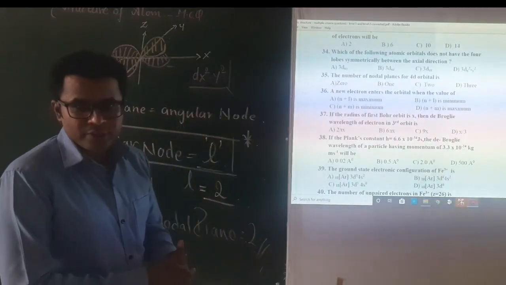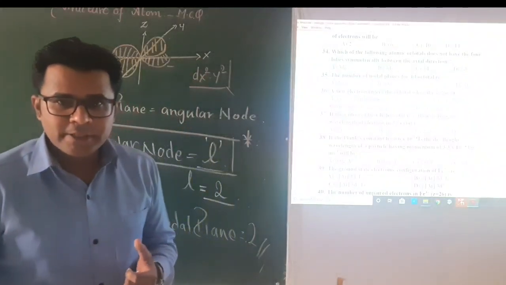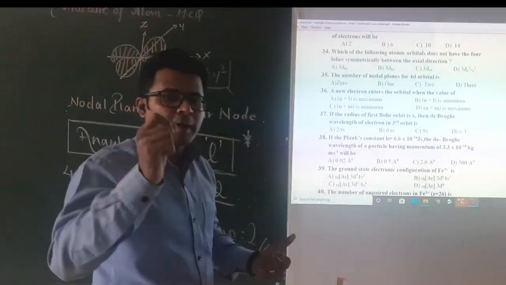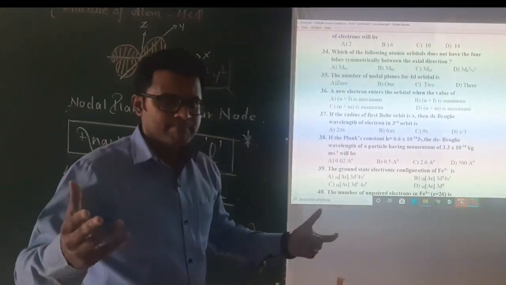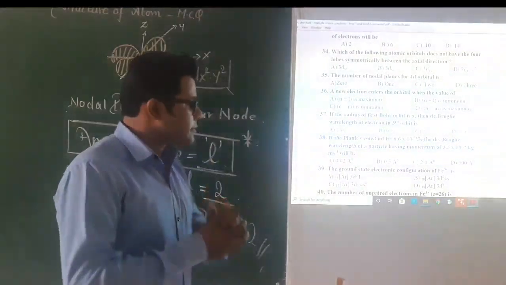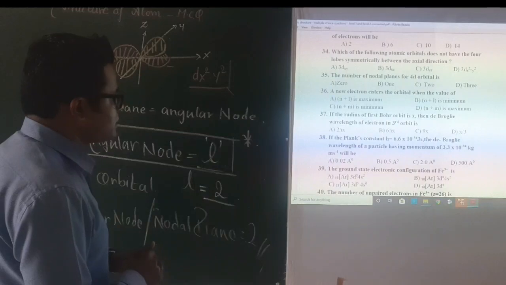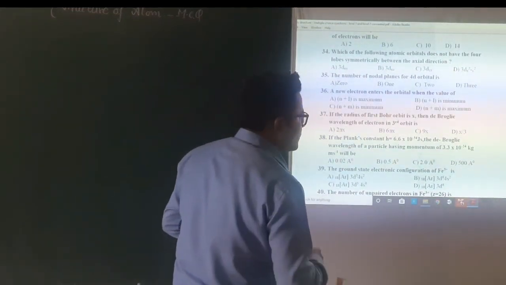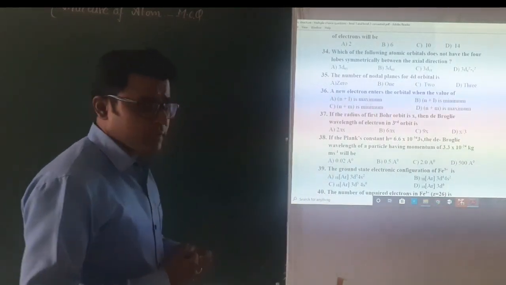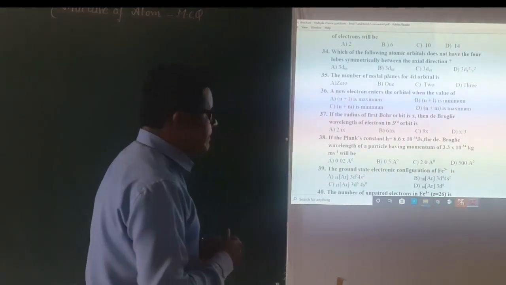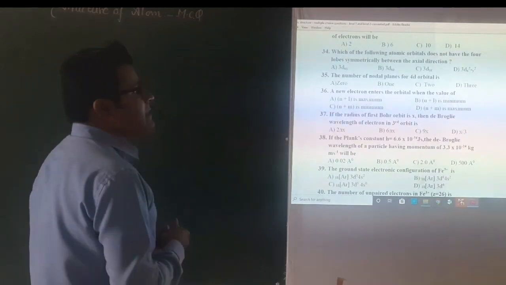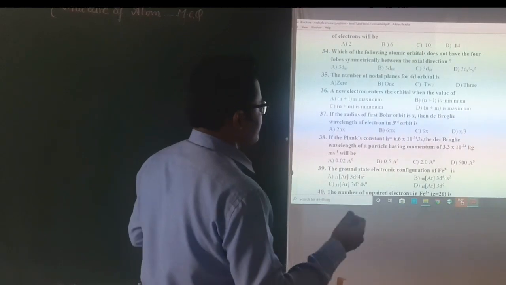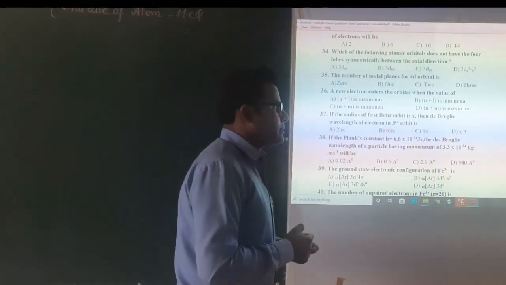So, nodes, nodal plane, nodal point, nodal region, these are nothing more than the points or the region or the surface where the probability of finding the electron will be 0. Correct? So that was about the node. A new electron enters into the orbital when the value of: option A, n plus L is maximum; option B, n plus L is minimum; option C, n plus M is minimum; option D, n plus M is maximum.